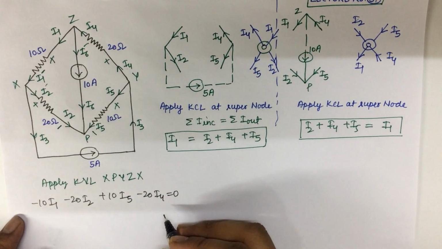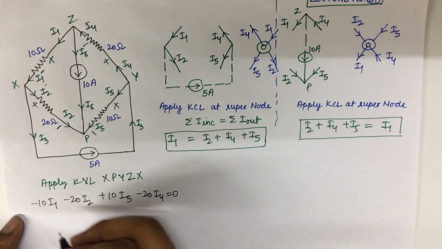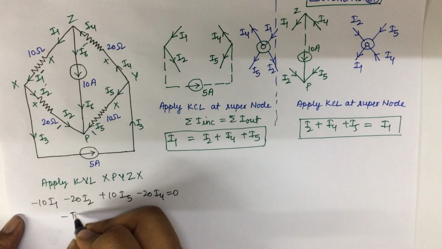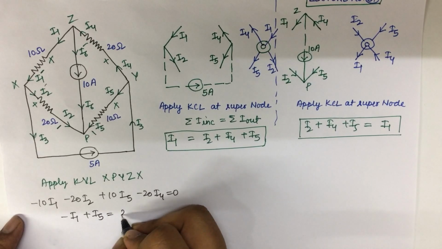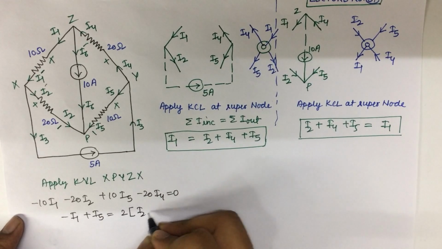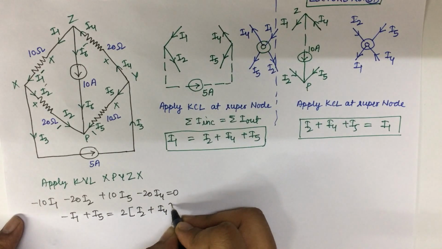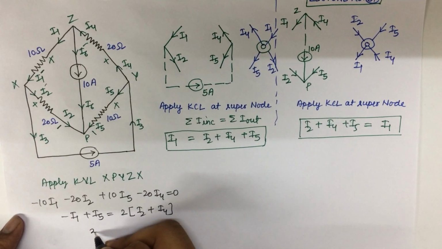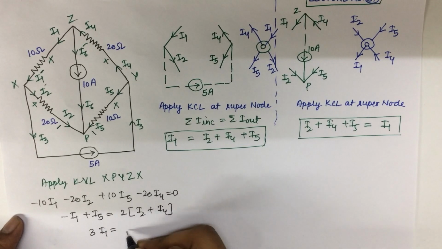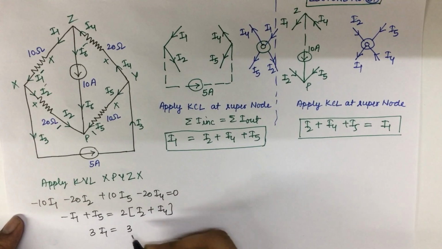After solving this equation, we can write minus I1 plus I5 is equal to twice of I2 plus I4.